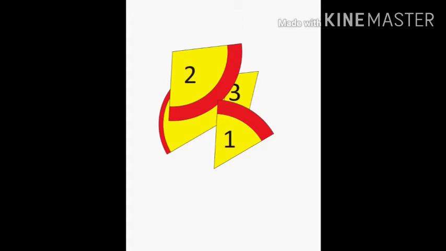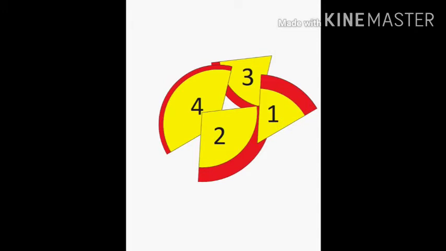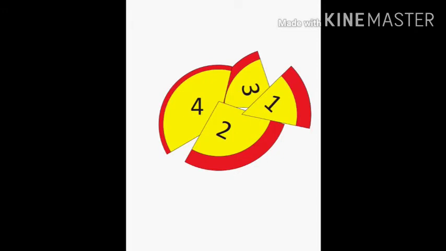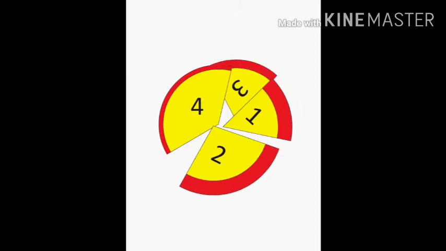Let me show you how you have to arrange the angles. See, we have to arrange the angles such that they will intersect at one common point and let that point be the center of our figure. Let us see which figure it will form.